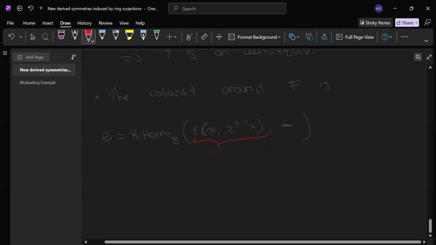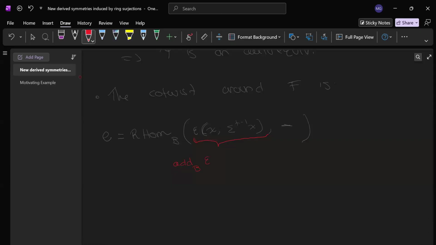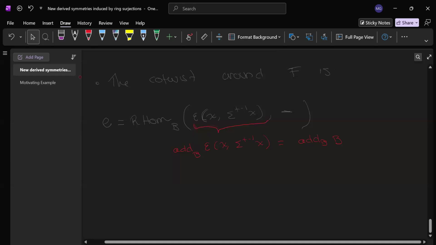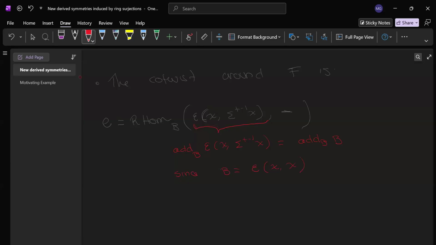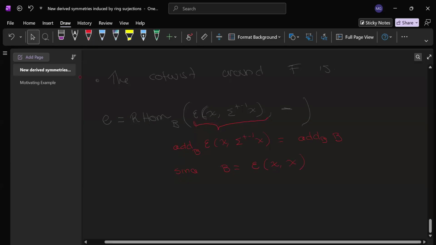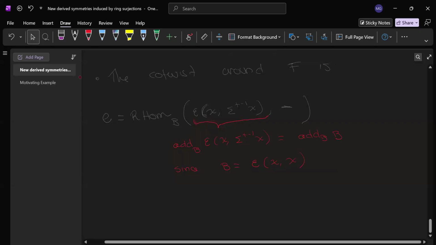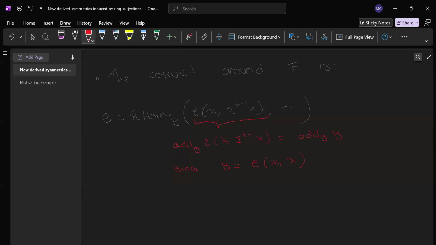Okay. So this B module here, we can check that if we look at add of this B module in B, then it's the same thing as add of B. And this is because B is the stable Hom, sorry, this should be stable Hom.